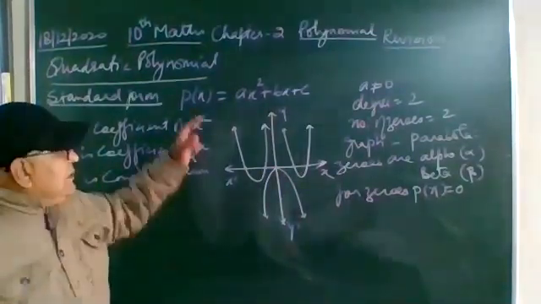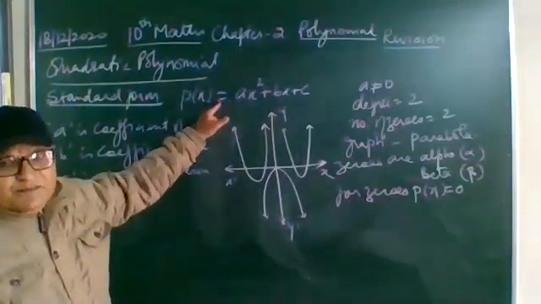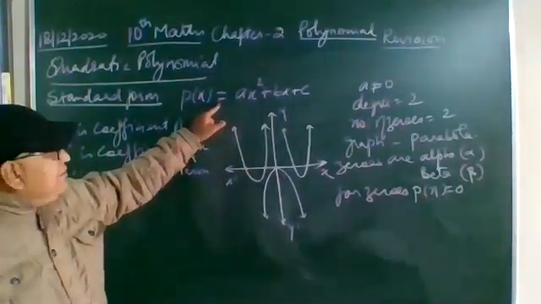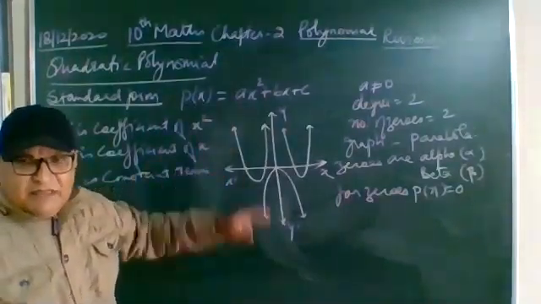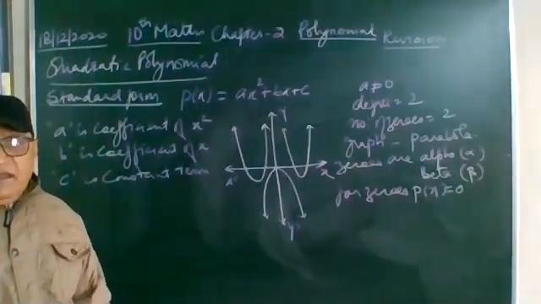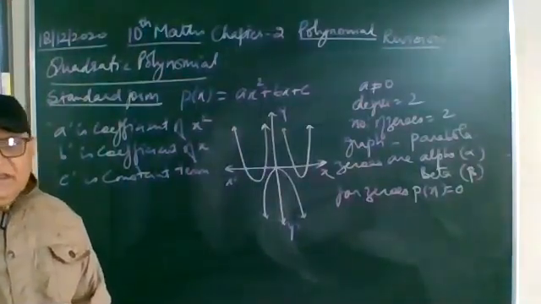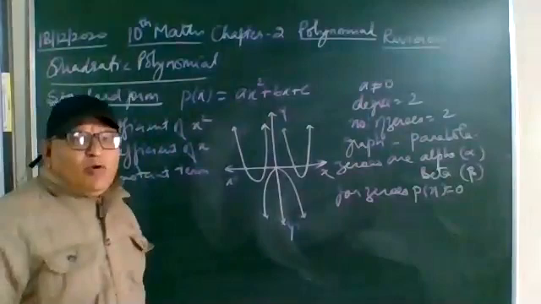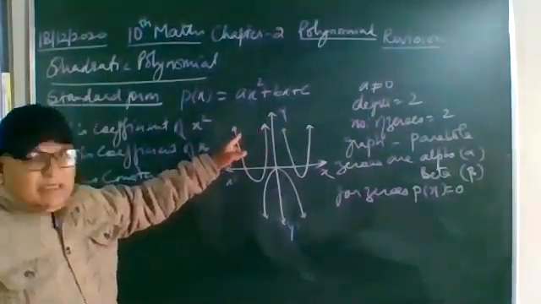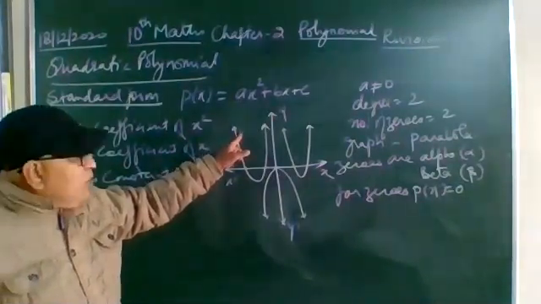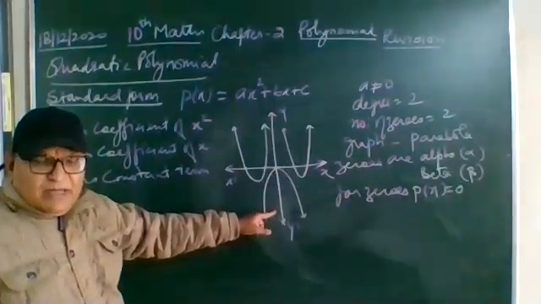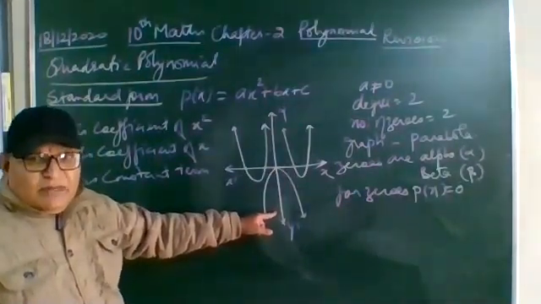If the expression has the variable y, then the parabola will intersect the y-axis. Now the opening of the parabola: this parabola opens upward, and this is also a parabola, and this is opening downward.